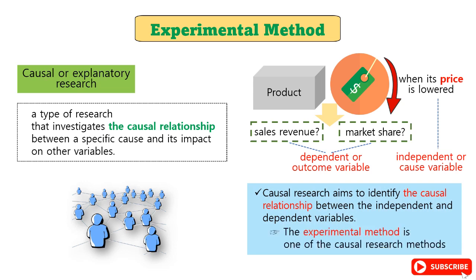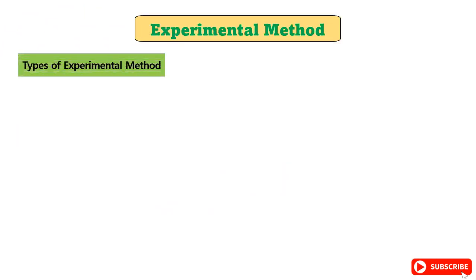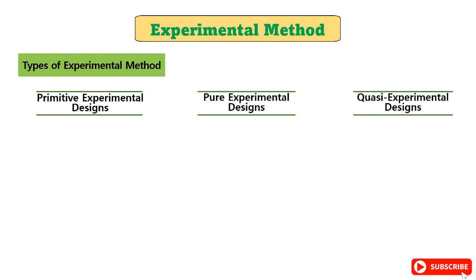The experimental method is one of the research methods used in causal research. The experimental method can be categorized into various types. It can be divided into primitive experimental designs, pure experimental designs, and quasi-experimental designs.